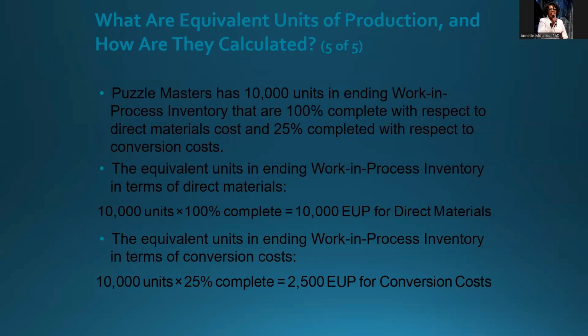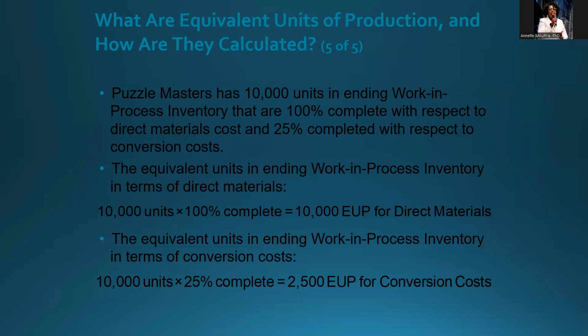These 10,000 units in ending work in process inventory are 100% complete with respect to direct material costs and 25% complete with respect to conversion costs.